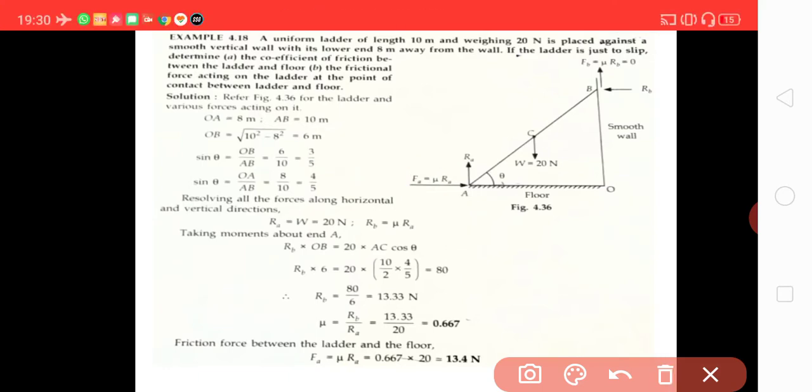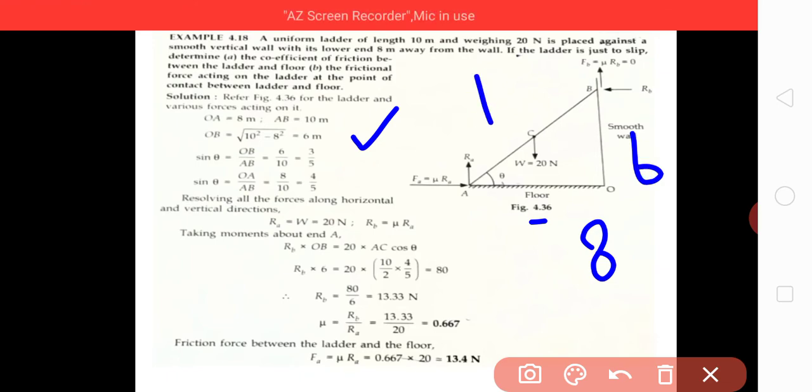Refer to this figure here for the ladder and various forces acting on it. OA is equal to 8 meter, AB is equal to 10 meter, then OB will be square root of 10 square minus 8 square, this is 6 meter. So 8 meter, 6 meter and 10 meter.